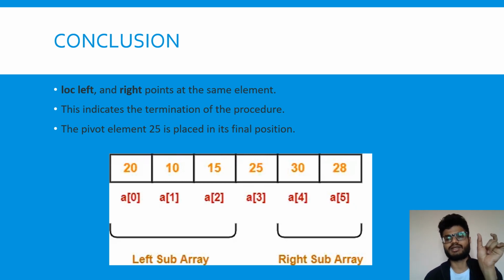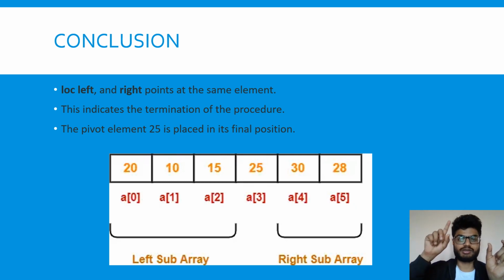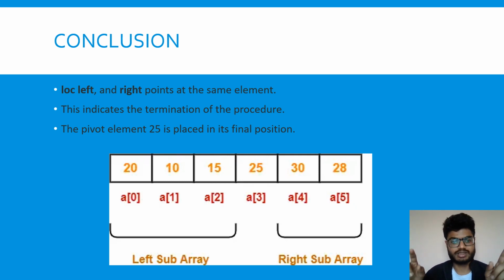It is a base condition. As I told you, recursion calls the function again and again till one base condition where it terminates. So here the base condition is when left and right come at the same index. So it indicates the termination position, and the pivot element 25 is placed at its final position.